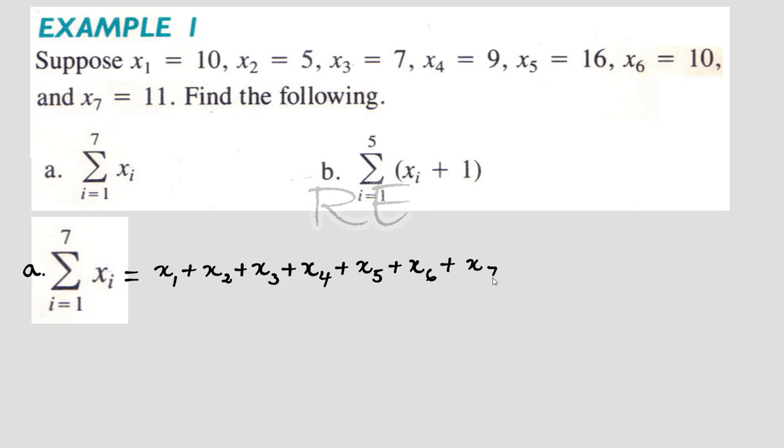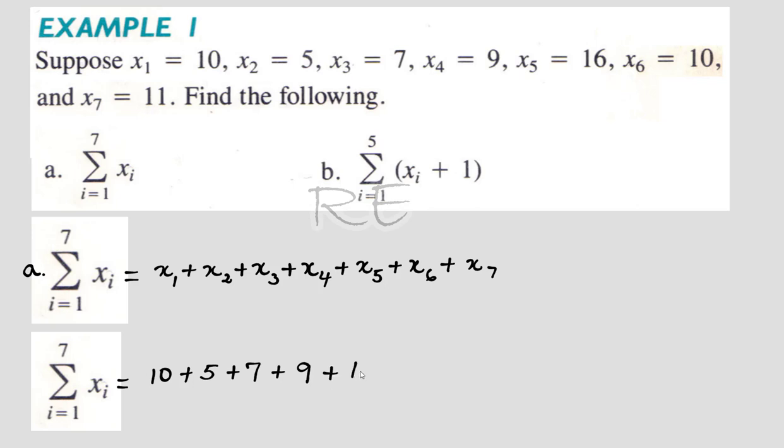Now, the second step is to replace the observations by their actual values. x1 is 10, x2 is 5, x3 is 7, and so on until we reach x7, which is 11.